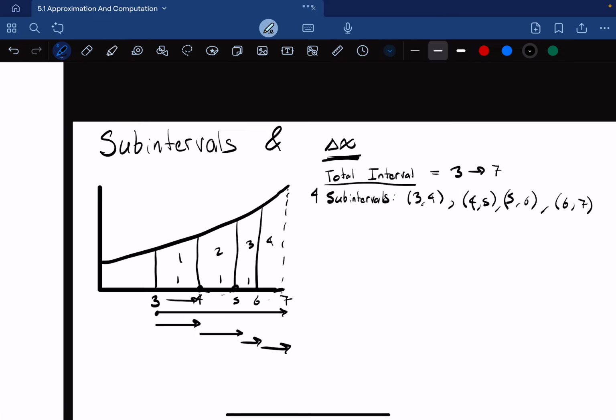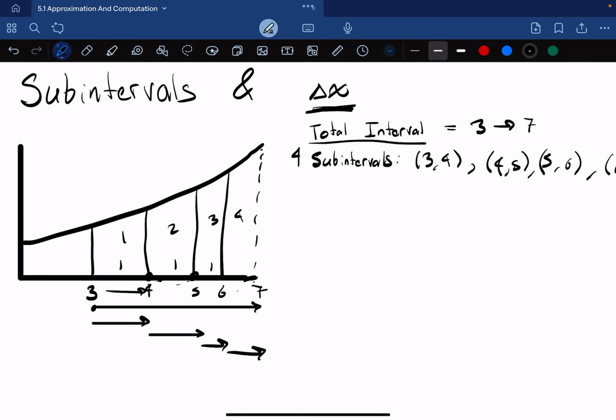One of the rules of approximation is that we always assume that each subinterval has the same width. The reason we do this is that it simply makes our calculations a lot easier.